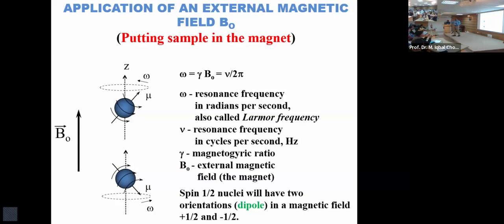A magnet is a vector. It has a direction. So even axis movement has a direction. When you place that magnet into a larger magnet, B naught, it starts precessing around the direction or opposed to the direction. It's called precession. Okay? That's like a top.